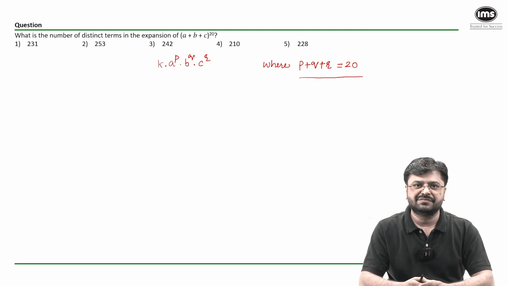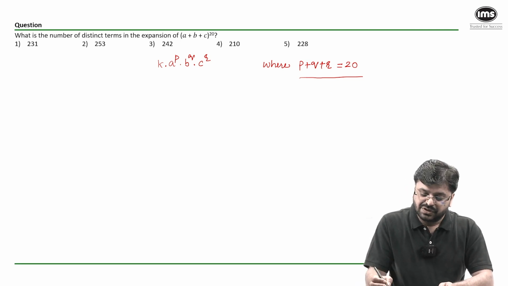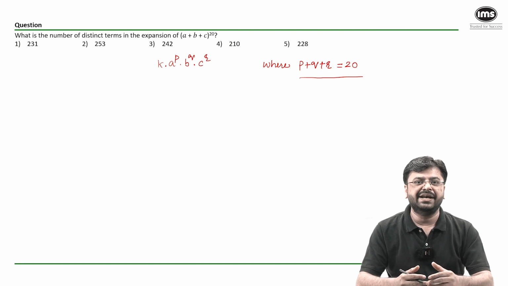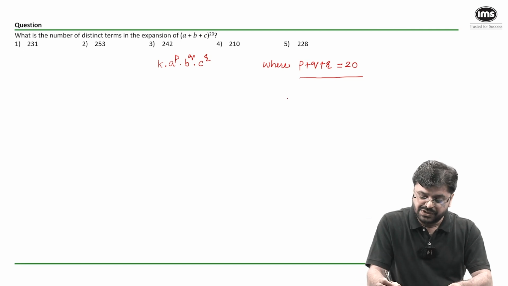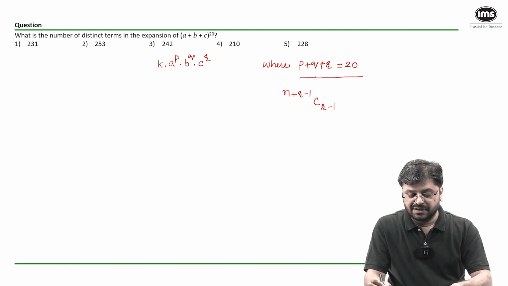Okay. So, whenever we want to distribute n identical articles among r different boxes or among r people, we use the formula n plus r minus 1 C r minus 1. Here, we want to distribute it among 3 kids or 3 different boxes.